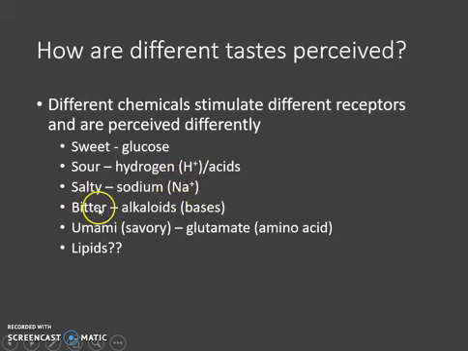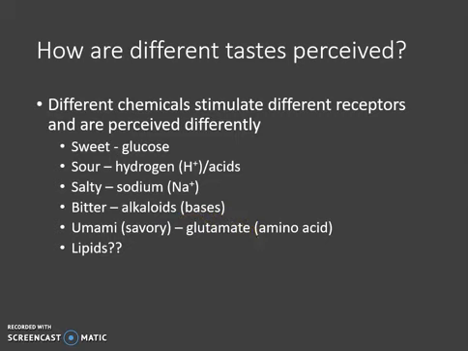The bitter taste comes from alkaloids, which are things that are basic or alkaline in nature. And then the fifth one that we know about is called umami, which is also known as the savory taste. It is perceived when an amino acid called glutamate binds to the gustatory cells in the taste buds.